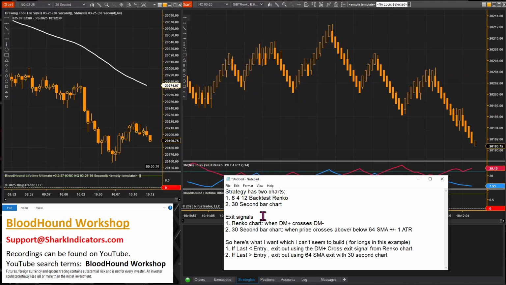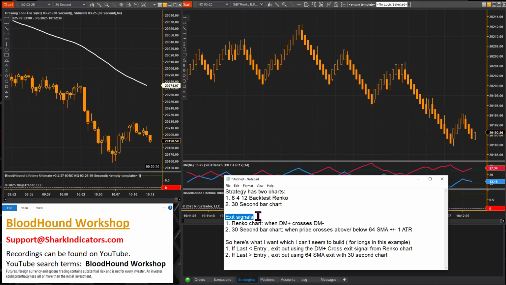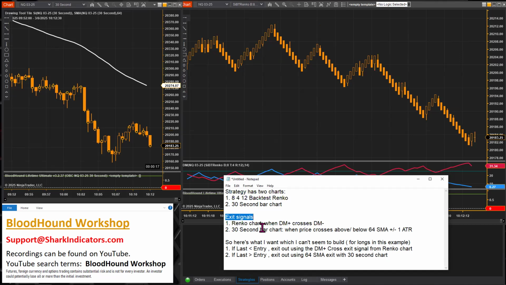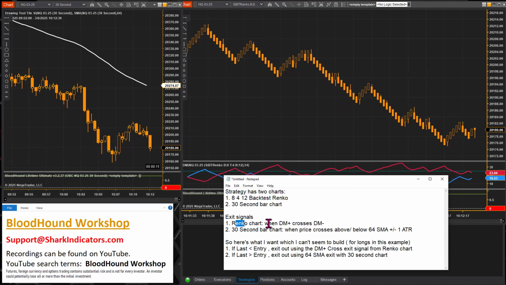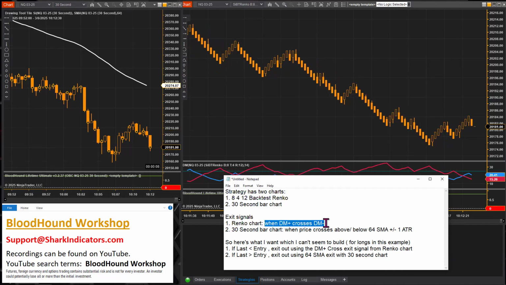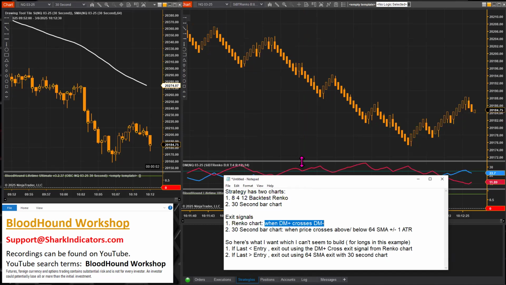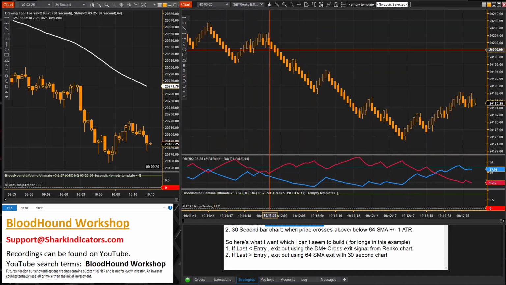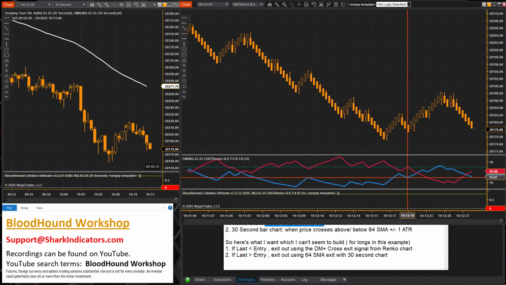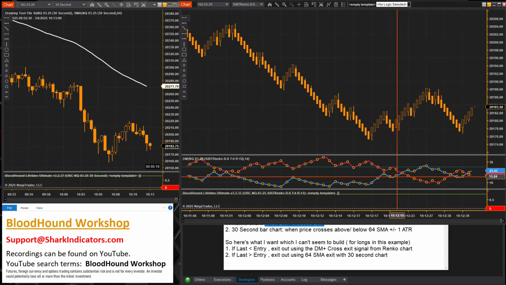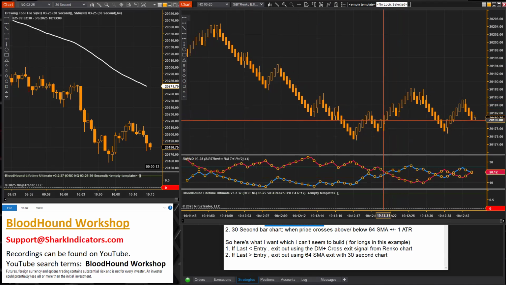So the question is building these unique exit conditions within Blackbird. On the Renko chart, we're looking to identify when the DMs cross in the opposite direction of the trade, per se. For example, we can see the Renko bars are in a downtrend. So if the DM plus crosses above the DM minus, then that is our exit condition to get out of the trade, somewhere around here.